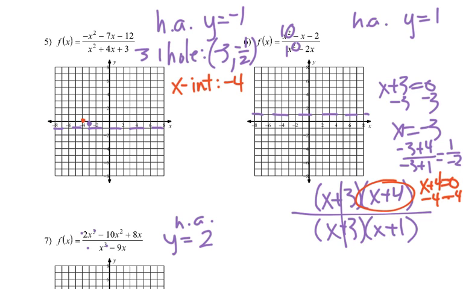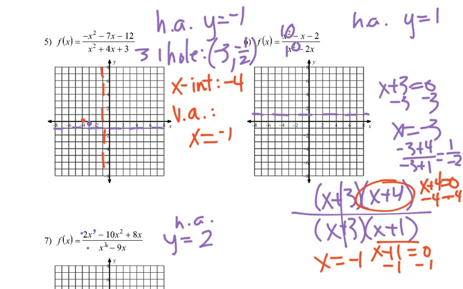Alright, then we would take our denominator for our vertical asymptote. It's going to be x equals something. So x plus 1 equals 0. Subtract 1. We get x equals -1. So at -1, we have a vertical asymptote there.